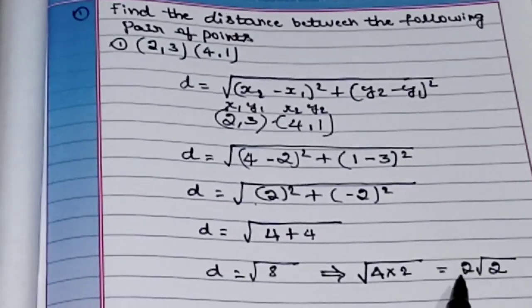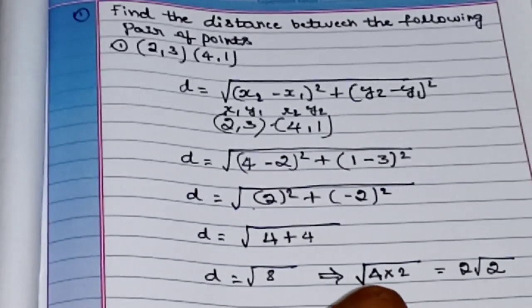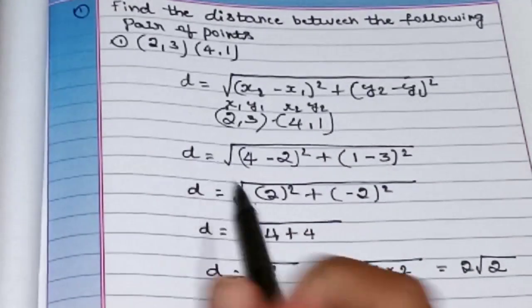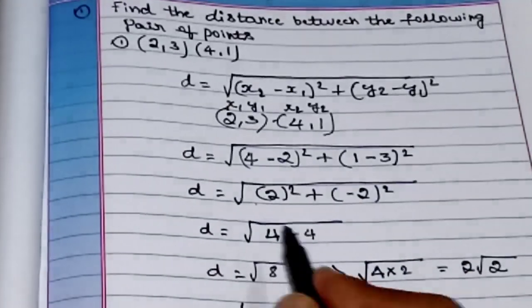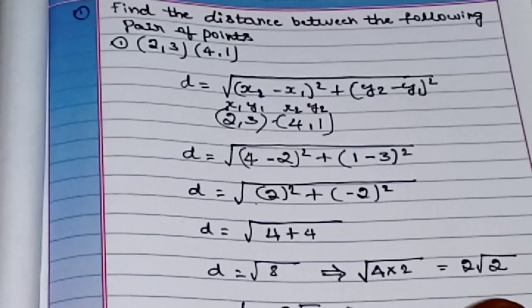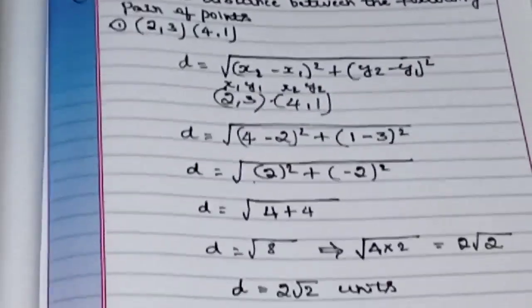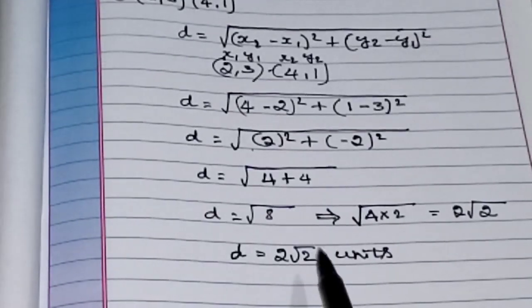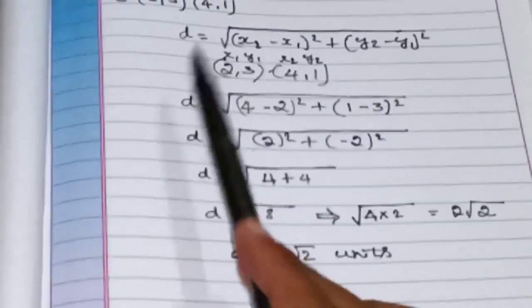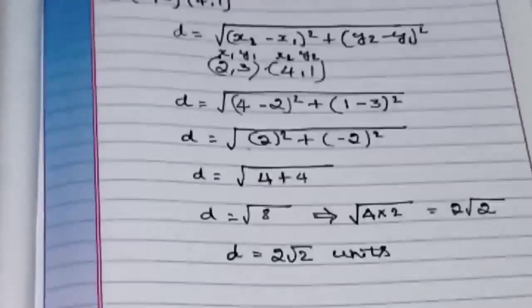So this is the distance between the given pair of points. How much? d is equal to 2 root 2 units. And this is how we find the distance between two points, children.